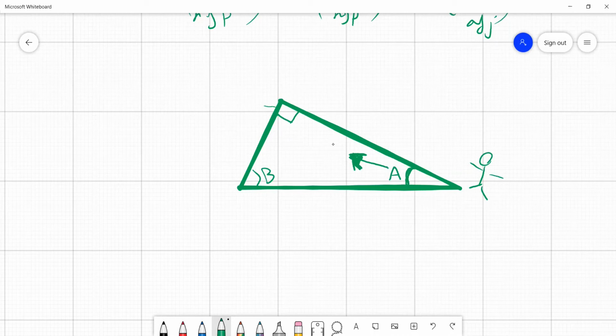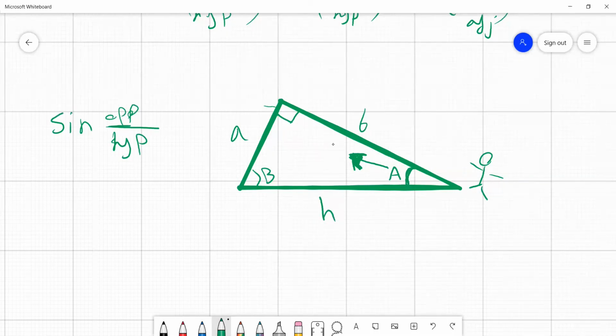Now, how do you do that? So let's go over sine. So sine is opposite over hypotenuse. Okay, so what does that mean? Let's actually name the angles and sides as well. This is A, this is B, capital for angles, small for sides. And I'll call the hypotenuse small h, not to be confused with height.